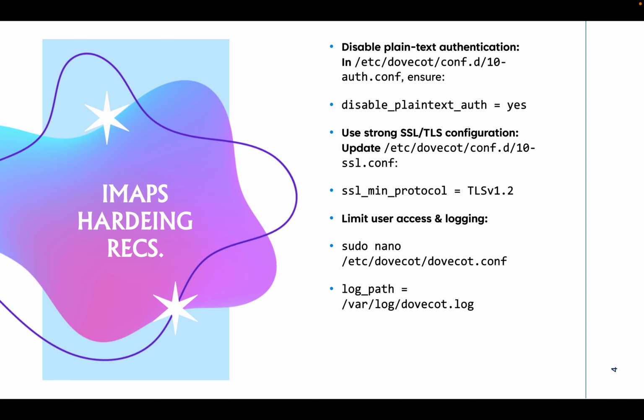So you again would update the etc file and make sure the SSL protocol is TLS 1.2 version. And for the third one, you want to limit user access and logging. You can do that with sudo nano, editing that and then the log path.